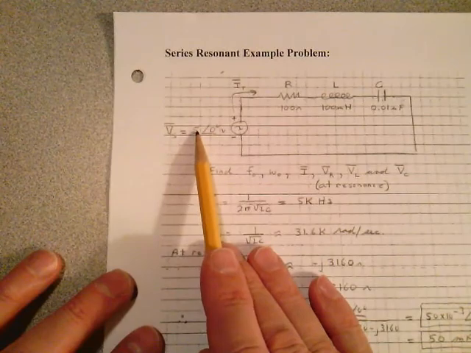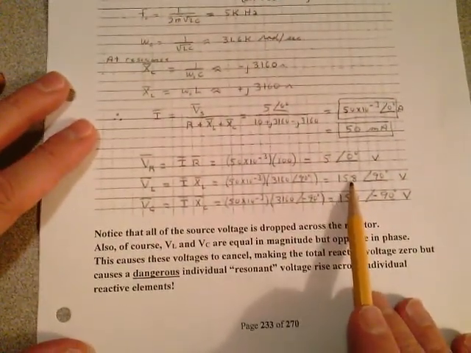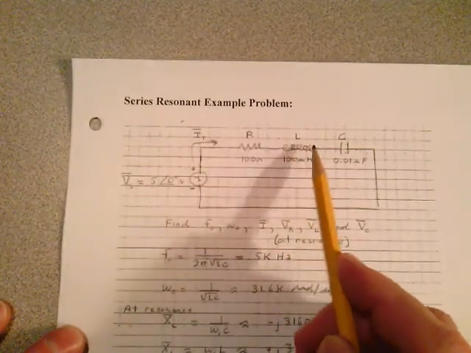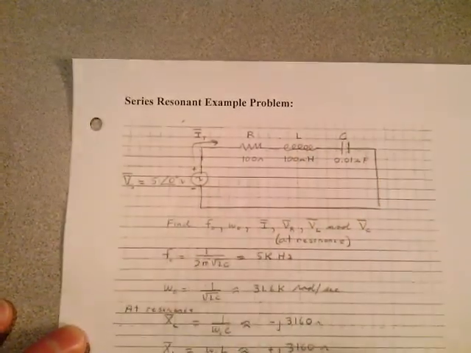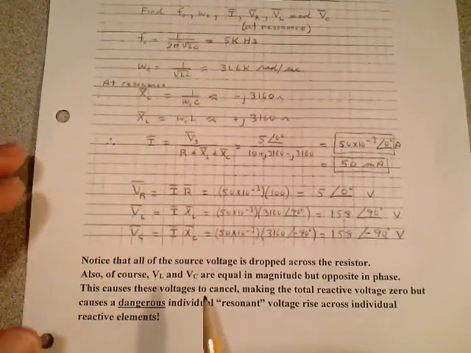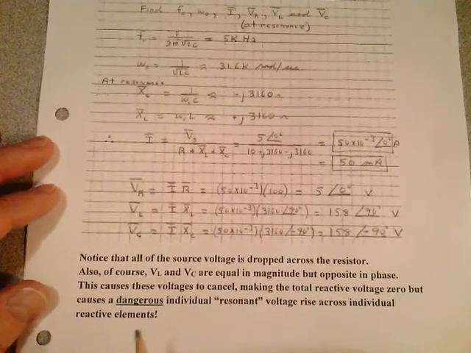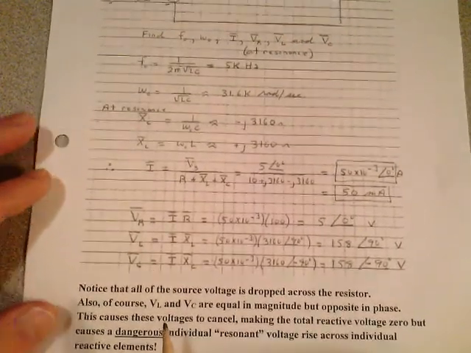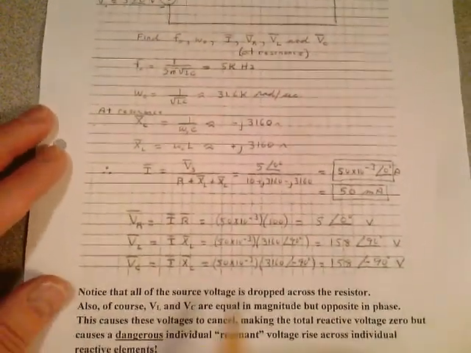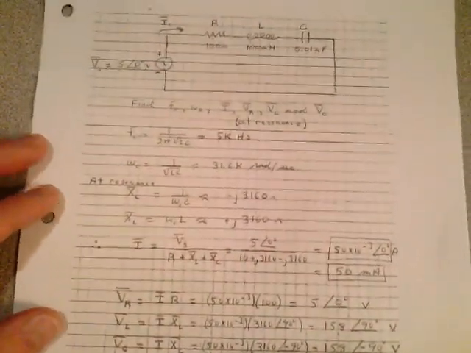We only have 5 volts peak up here, and we end up with 158 volts individually between this point and this point, or this point and this point. Very important observation. Some strange things can happen at resonance. So we have to be careful having a lab that would illustrate this, obviously. We don't want anybody getting hurt.